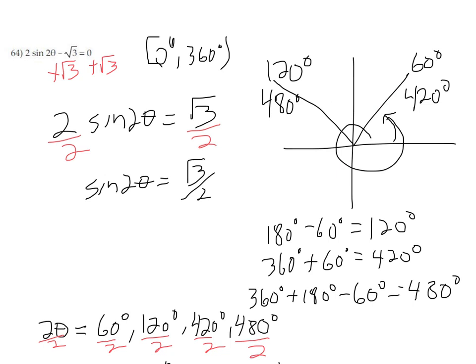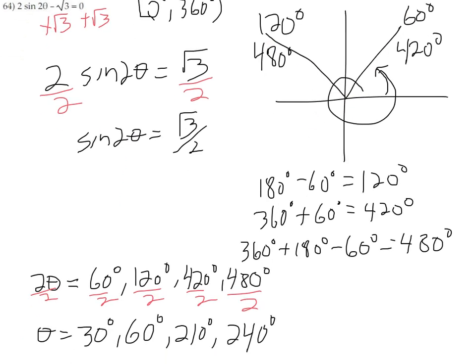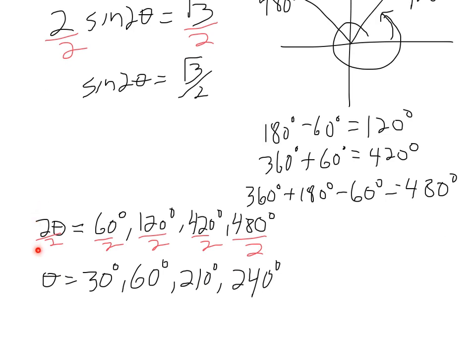But if they specify one time around the circle and we end up with 2 theta, then we get all the answers twice around the circle, knowing that one of our last steps will be divide by 2, which will scale them back to where we want to end up. Hopefully there's a couple more of these in this review set, so I can continue to talk about this. Next question.